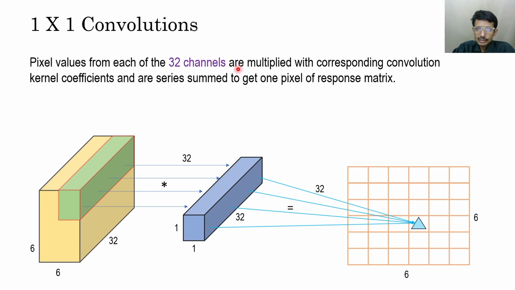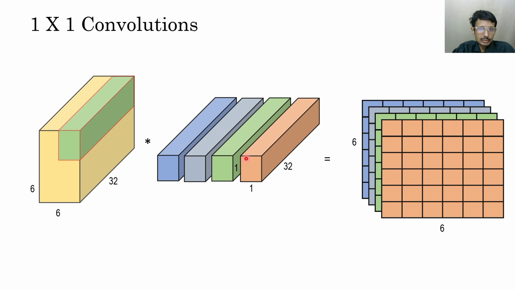Pixel values from each of the 32 channels are multiplied with the corresponding convolution kernel coefficient and summed to get a one pixel response. In such a way, we get a 6 by 6 map. Now, if 4 such filters are used, we get 4 different feature maps, each of size 6 by 6.